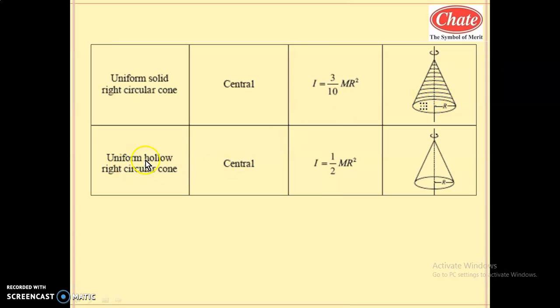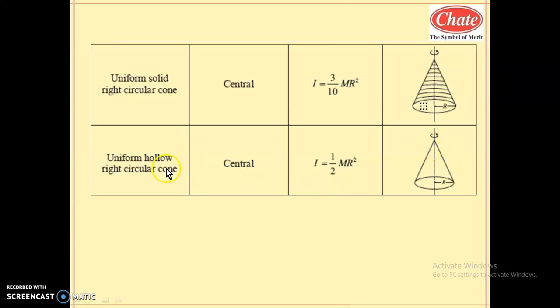Now for a uniform hollow right circular cone, around the axis of the cone, the moment of inertia is similar to a disc, that is half MR square, or MR square by 2. This is the central axis, that is called the axis of the cone.